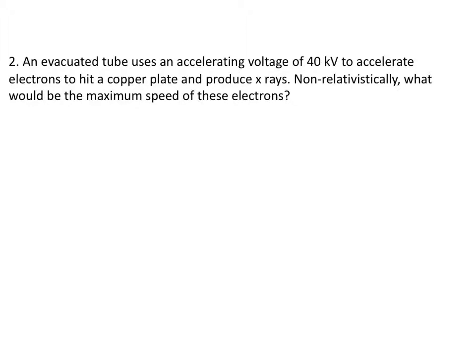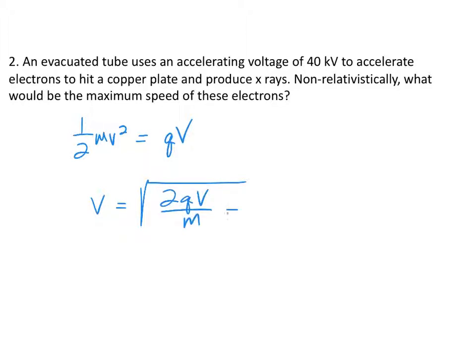And one more time, it is the case that 1/2 mv squared will equal charge times the potential difference, or the voltage. And that means that v is going to be the square root of something. Double the other side, divide by the mass.